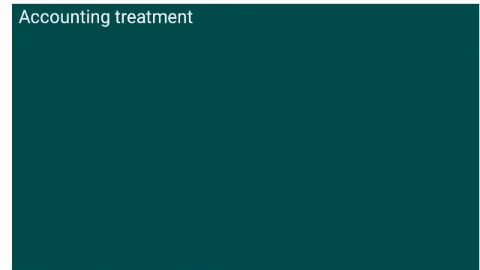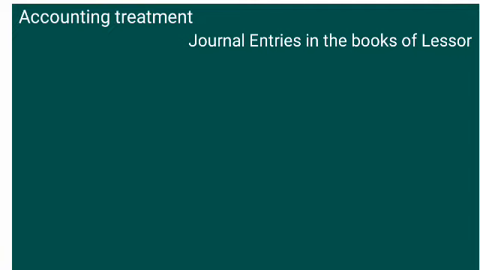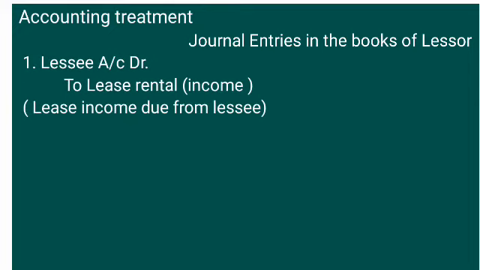Then we are discussing the accounting treatment, the journal entries in the books of the lessor. The first journal entry is for income due from lessee: lessee account debit to lease rental. It shows as an income in the books of the lessor.